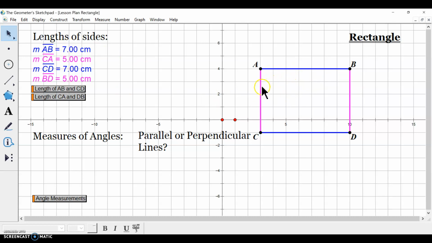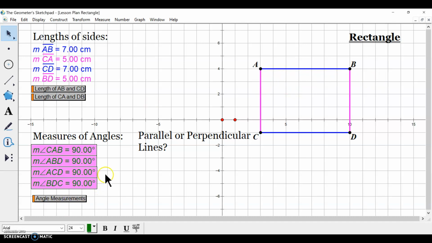So opposite sides of a rectangle are equal. And when we look at the angle measurements, all of the angles come up to a measure of 90 degrees. So from this, we can see that all of these lines are perpendicular lines. So a rectangle has two sets of parallel lines, and all lines are perpendicular.